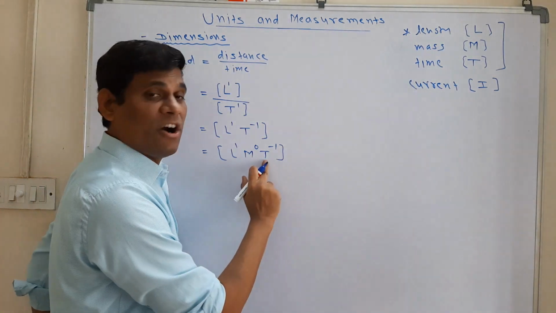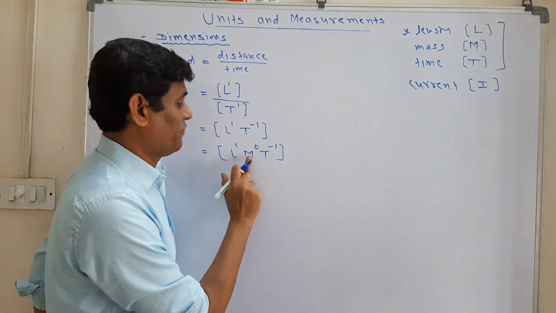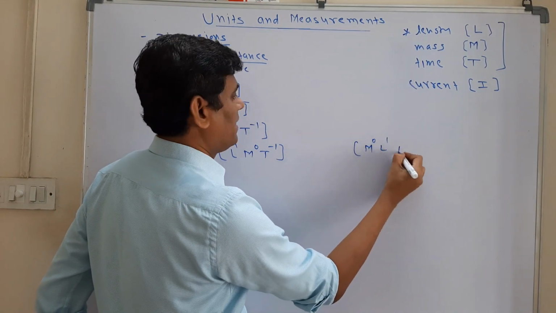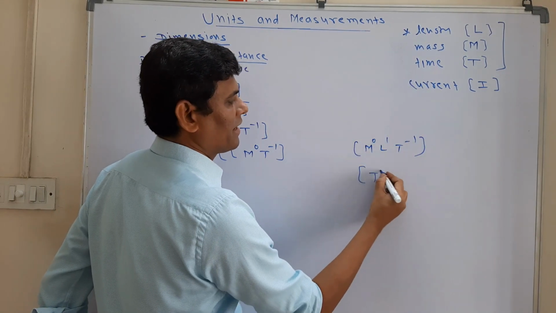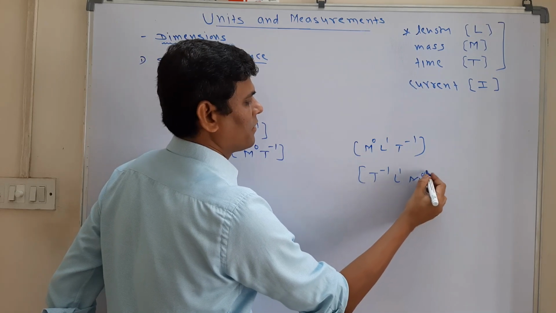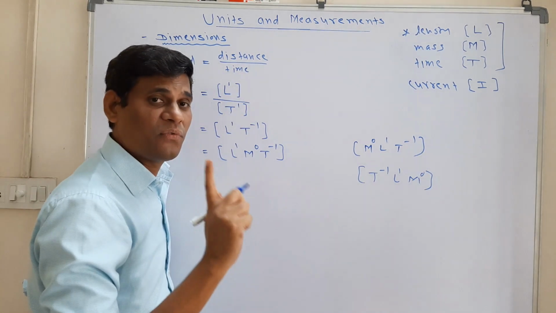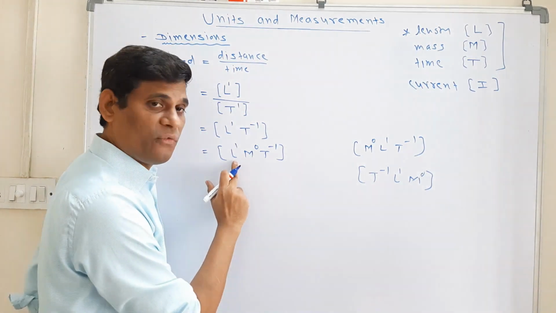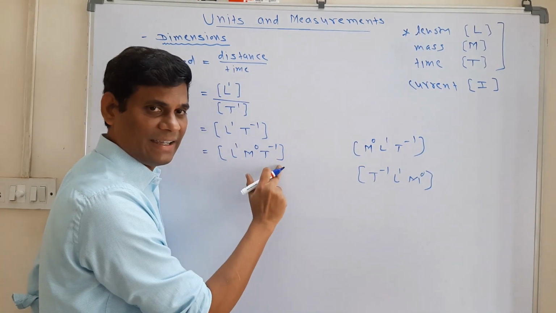You can write in any order, it is not necessary that L comes first, then M, then T. You can write M first, L1, T -1, or T, L1, M0. The order can be anything, but follow only one way. We are following the textbook order, that is L first, then M, then T.